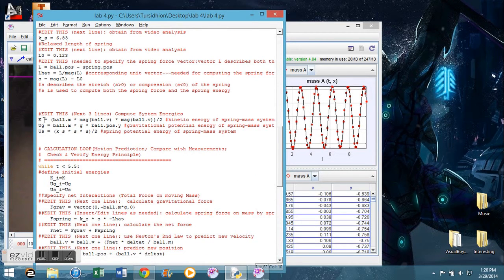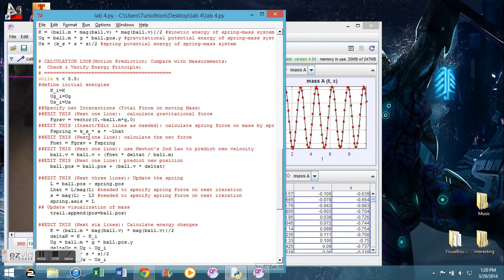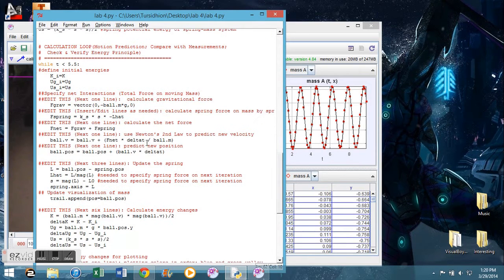We have the formulas for kinetic and potential energies: kinetic energy, which is 1/2 mv squared, potential energy, which is mgh, and the spring potential, which is 1/2 ks squared. We have our forces, and these forces add up to the net force.